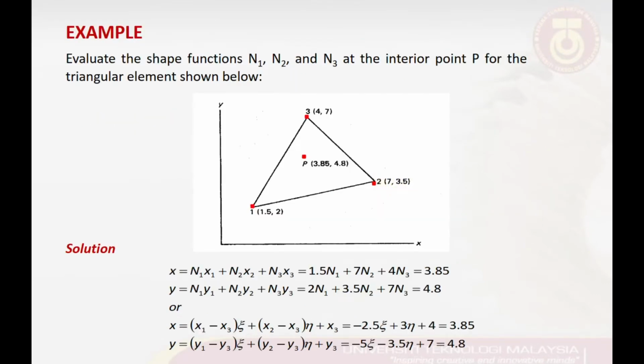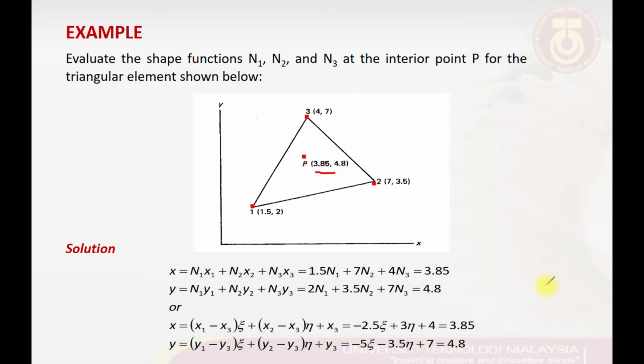This example actually shows how we can determine the shape functions n1, n2, and n3, and also the values for z and eta out of one single element, where the point P is given as shown here.